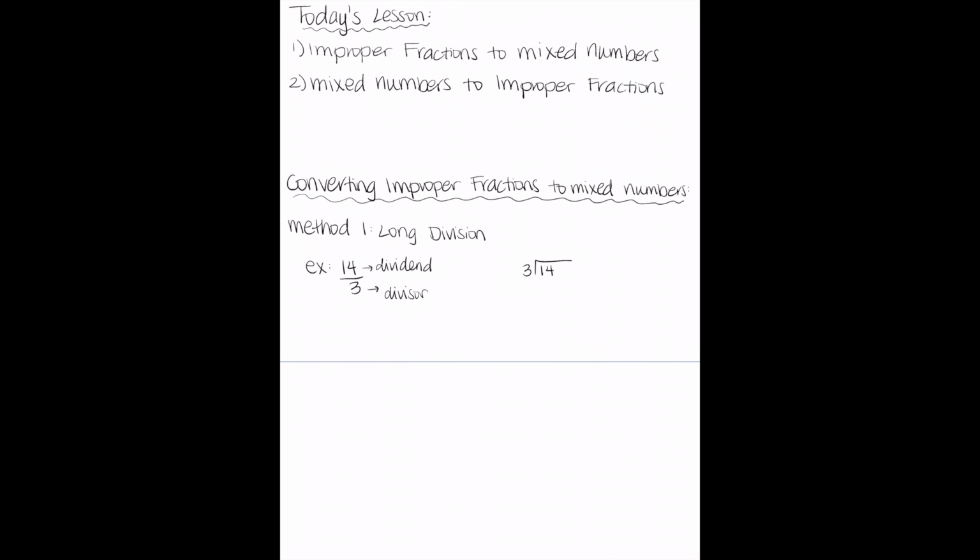The divisor is what we're going to be dividing by, that's our denominator, and the dividend is what we're dividing, and that would be our numerator of 14 here. So we've taken our improper fraction of 14 thirds and made the divisor the denominator, and the dividend our numerator. Now we're going to start to do this division process.